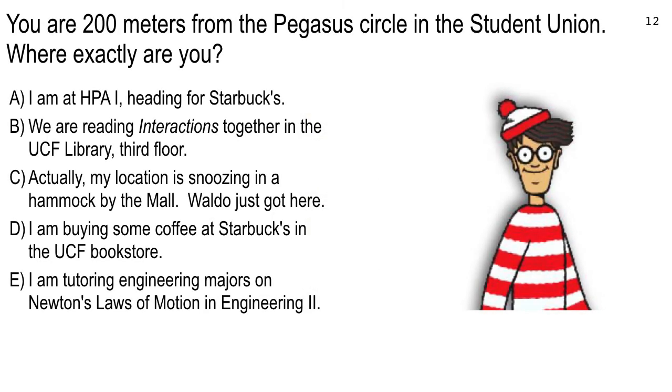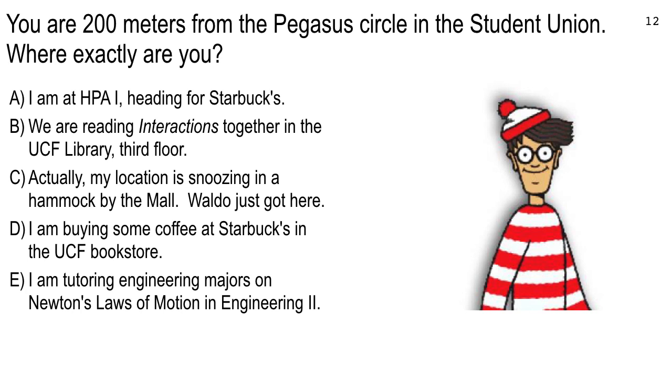You're 200 meters from the Pegasus Circle in the Student Union, which you're not supposed to walk on. Where are you? Boy, do you hear how quiet it got in here? Did you ever hear that you're not supposed to walk on it?